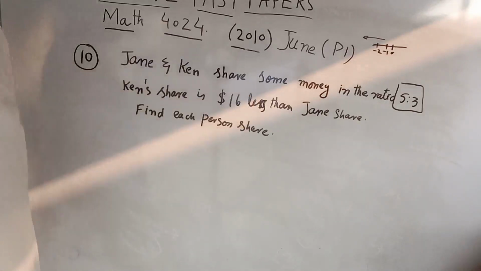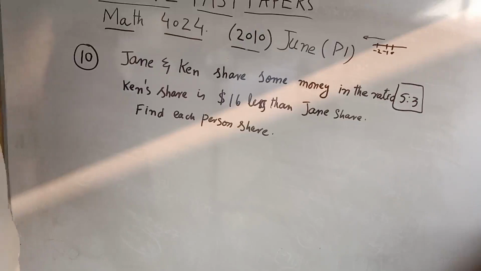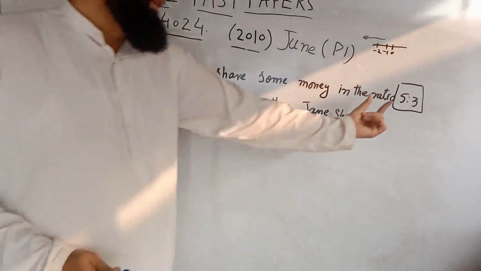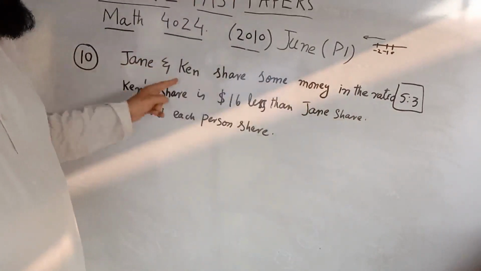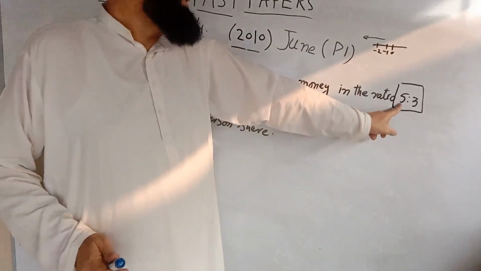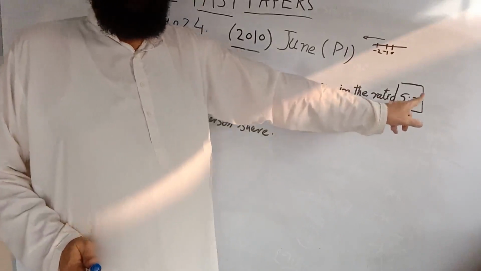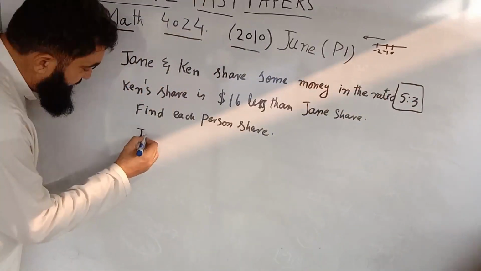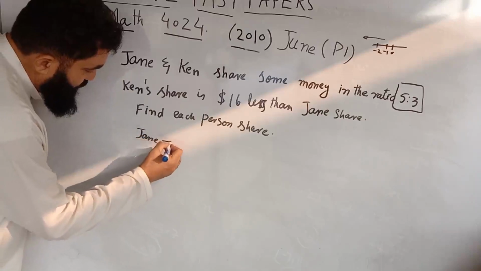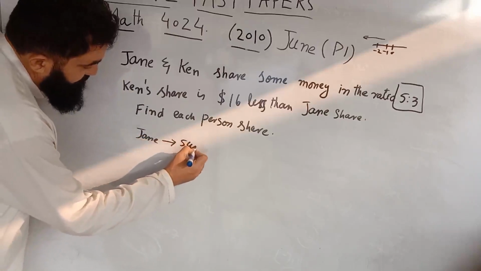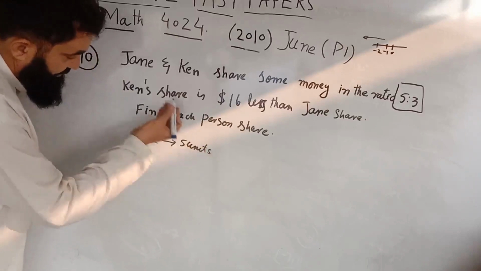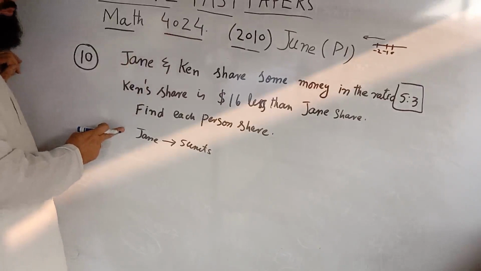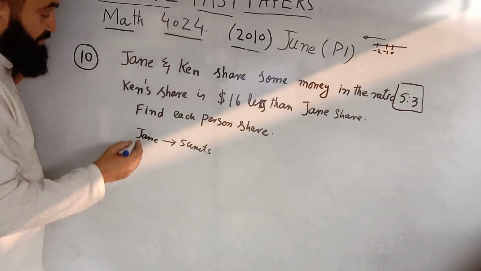So 1 unit will be equal to... understand, 2 units is equal to $16 because the difference is 2 units, because Ken's share is 3 units, 2 units less than 5. So I write Jane equal to 5 units. For you, it's not exactly right, but I can write that so you understand it easily.